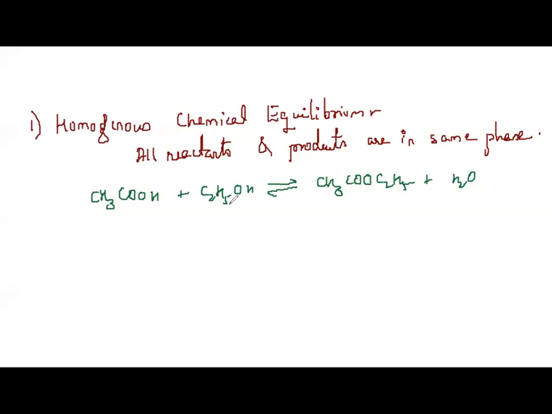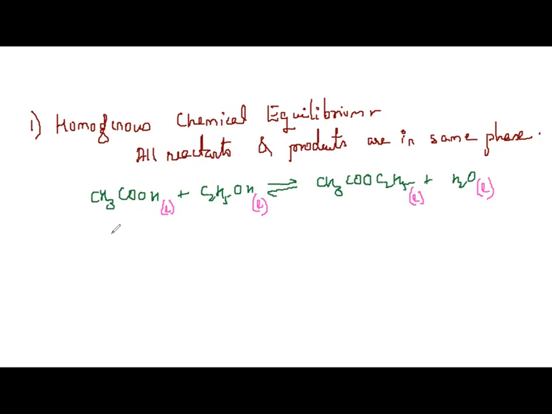Now, if you look at this reaction, this is the esterification reaction where all the reactants are taken in liquid phase. Acetic acid, this is ethanol. The products we obtain are also in liquid phase. So here, all reactants and all products are in the same phase. Therefore, it is an example of homogeneous chemical equilibrium.